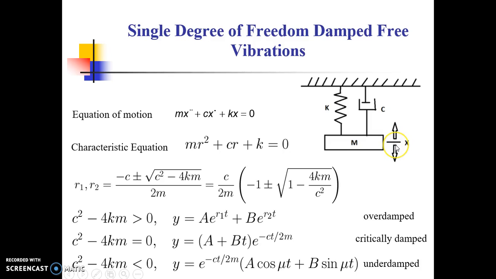So this has amplitude of vibration as well as velocity and acceleration of the mass with respect to its reference level. If we consider a single degree of freedom damped free vibratory system, we get an additional term Cx dot, which is the damping force.